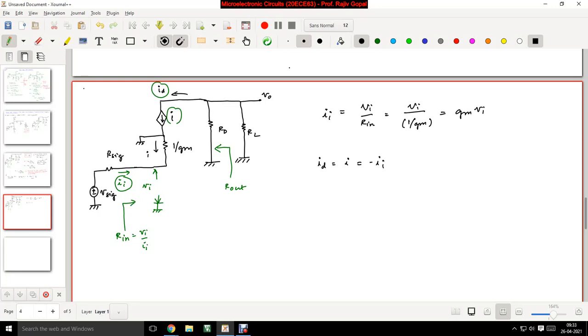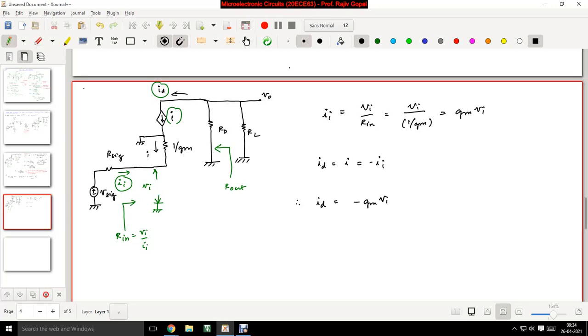ID I am taking from the drain to source, II I am taking from source to drain. II is the input current, ID is the drain current. So obviously this condition will be satisfied. So ID is equal to minus Gm into Vi.